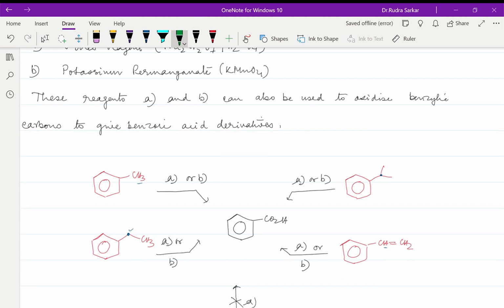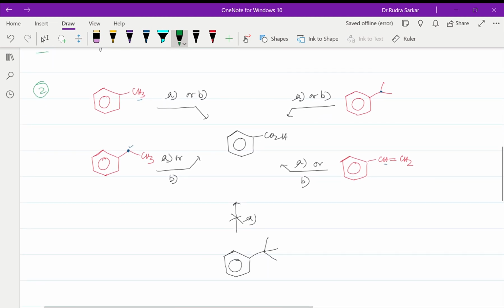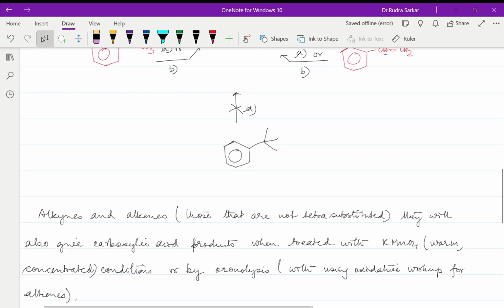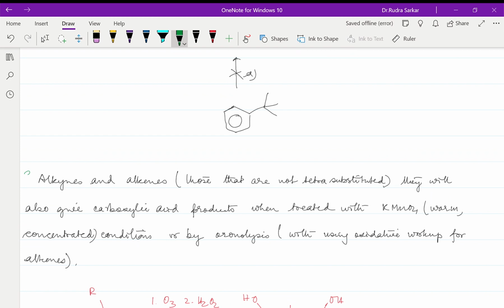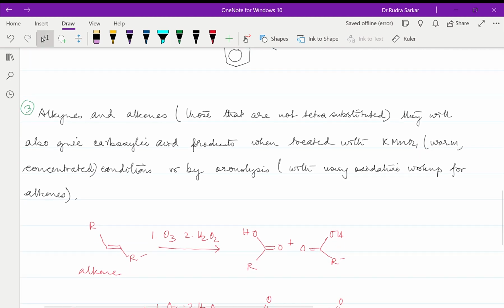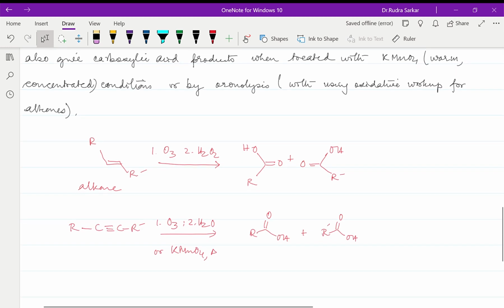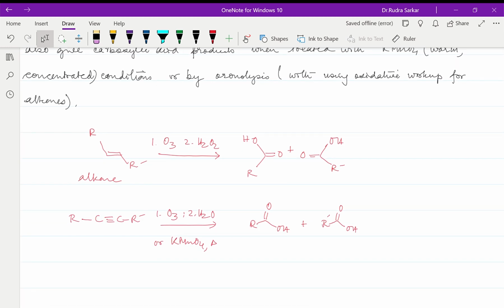Similarly, anything that is containing a benzylic carbon, we are calling this procedure 2, in which these can be converted to benzoic acids. And in the third procedure, we are using alkynes and alkenes and the following reagents that one may use to convert these into carboxylic acids.